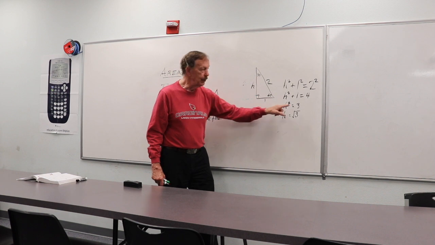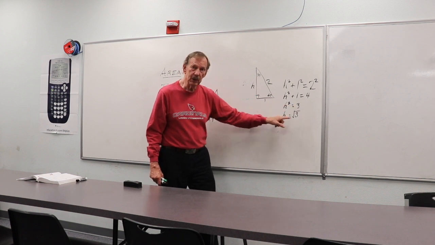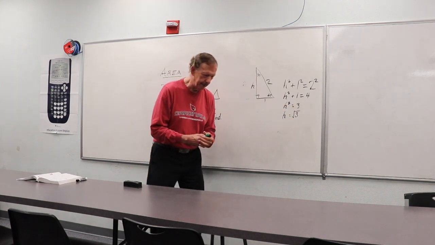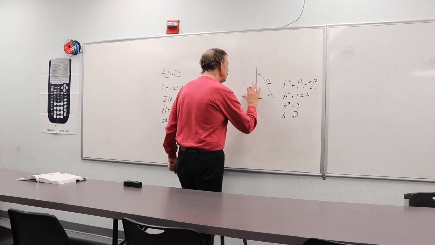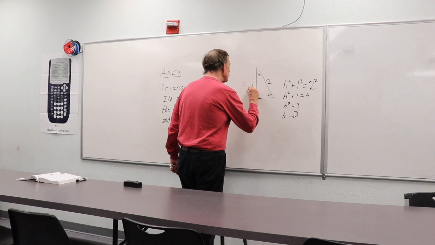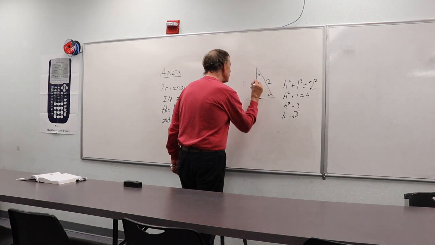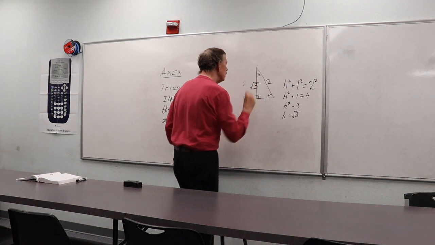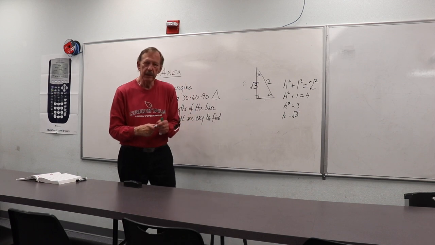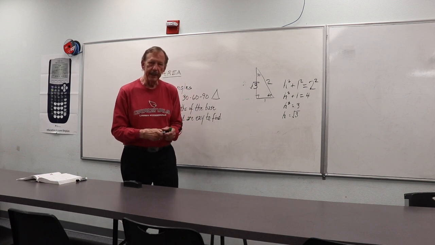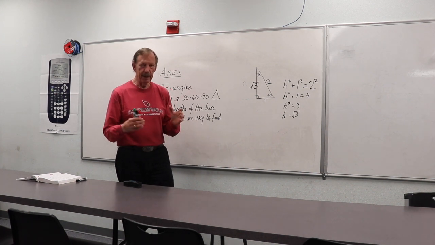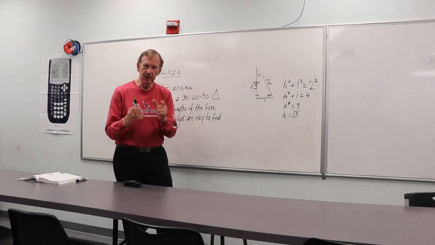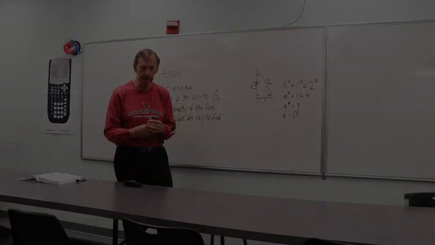H squared is 3, and h is the square root of 3. So this piece, h, will be the square root of 3. That's a Pythagorean triple, and you've got to remember it because you're going to see it in just a moment.